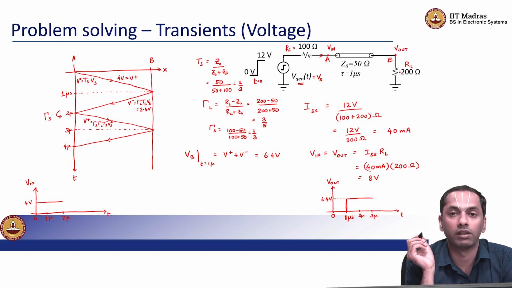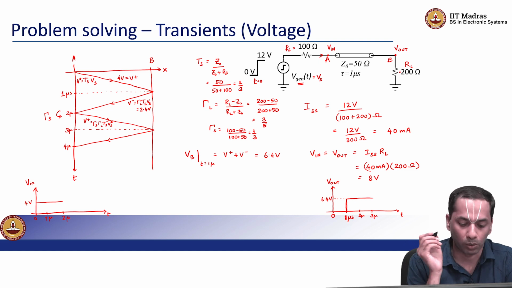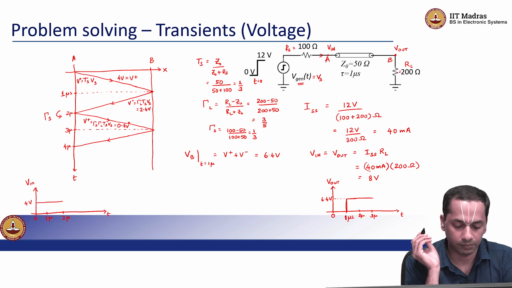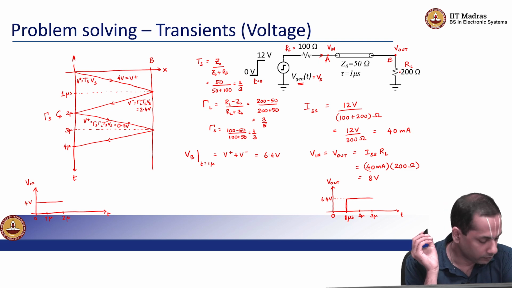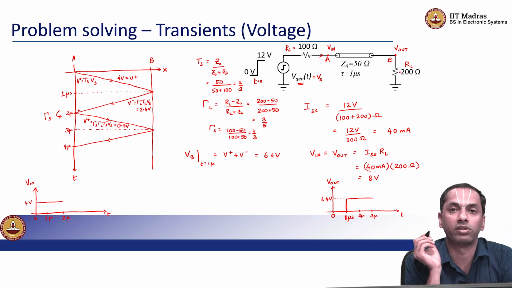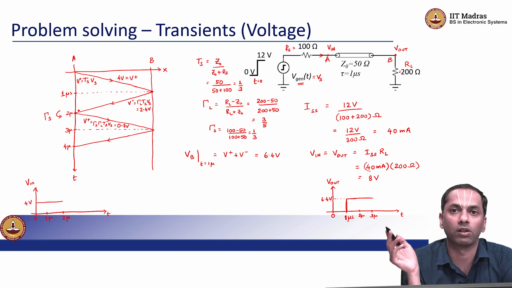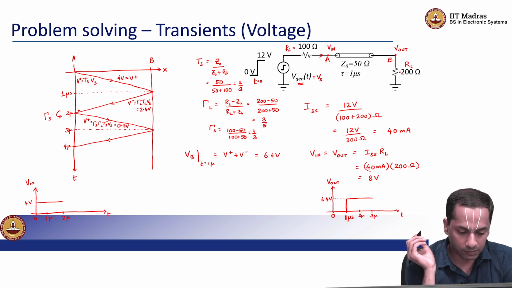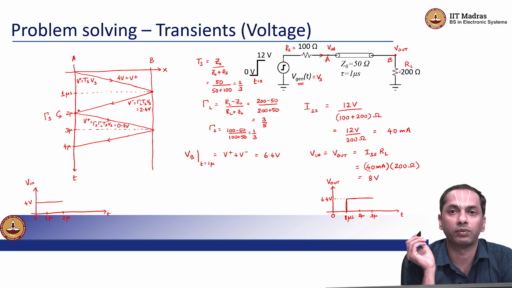So, when I do 1/3 of 2.4 volts, I get 0.8 volts. So, this is 0.8 volts. Now if I were to say what is the voltage update at point A at 2 microseconds, that is, the signal has gone once to the end and come back, what can I say? It is simply V plus plus V minus always.